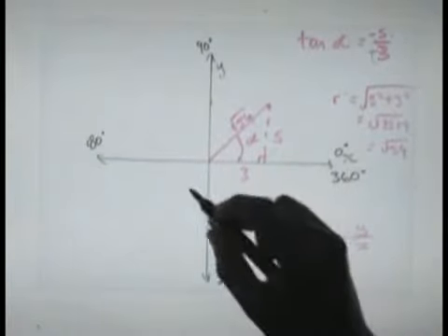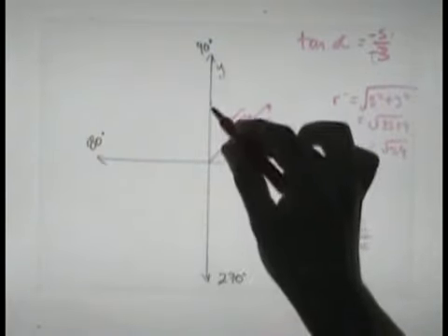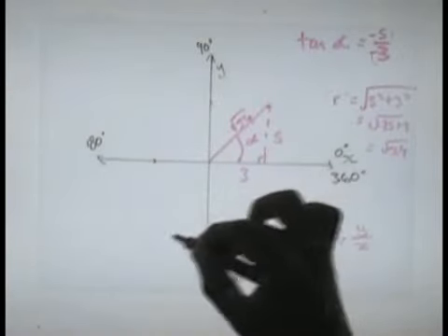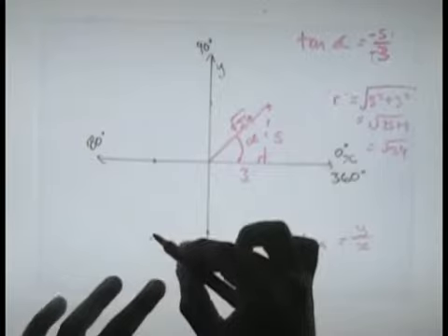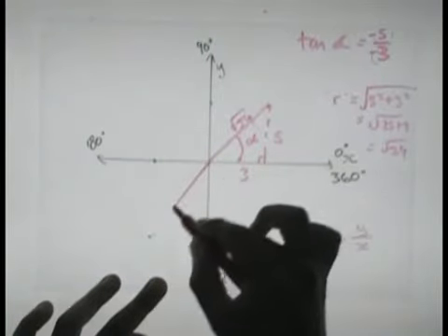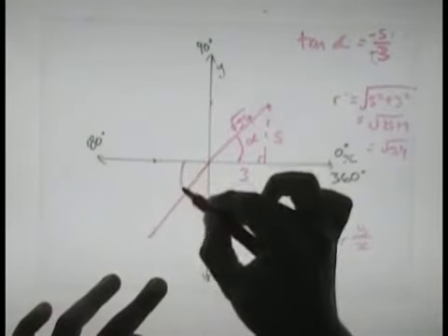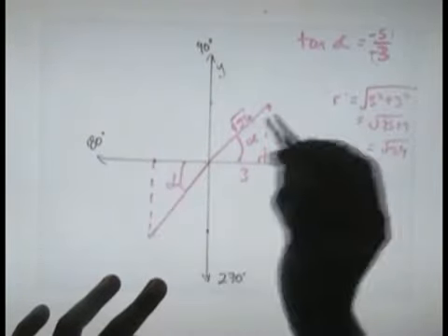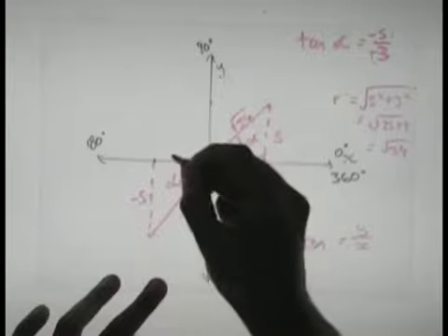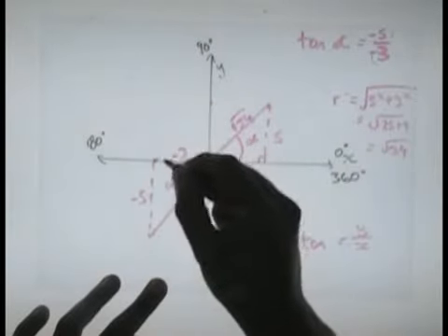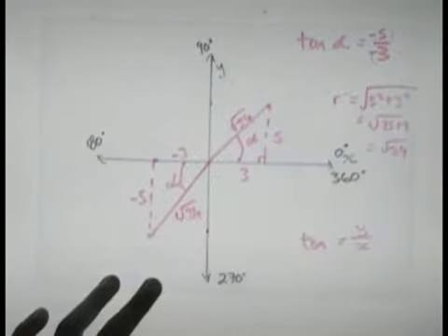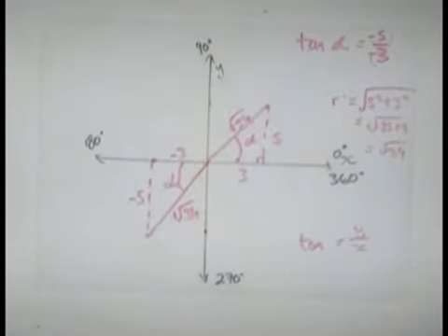So alpha could also come where x is equal to negative 3 and y is equal to negative 5, which means that alpha could also be somewhere over here. That's alpha. That is equal to negative 5 and that is equal to negative 3. R again will equal root 34. So there's two possible alphas.